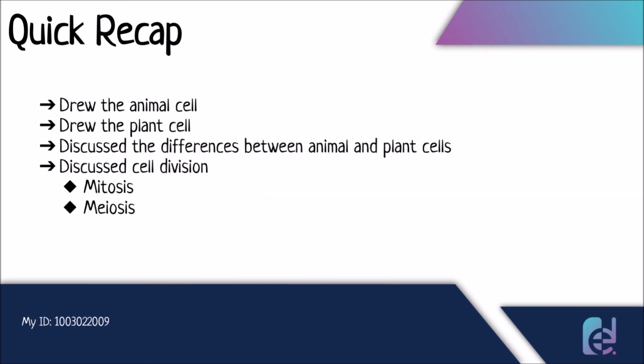So now a quick recap. We drew the animal cell, we drew the plant cell, we discussed the differences and how the animal cell doesn't have a cell wall. In the plant cell, the nucleus is shifted to the side, etc. And then this was the new thing today. We discussed the 2 types of cell division: mitosis in normal cells and meiosis in reproductive cells.